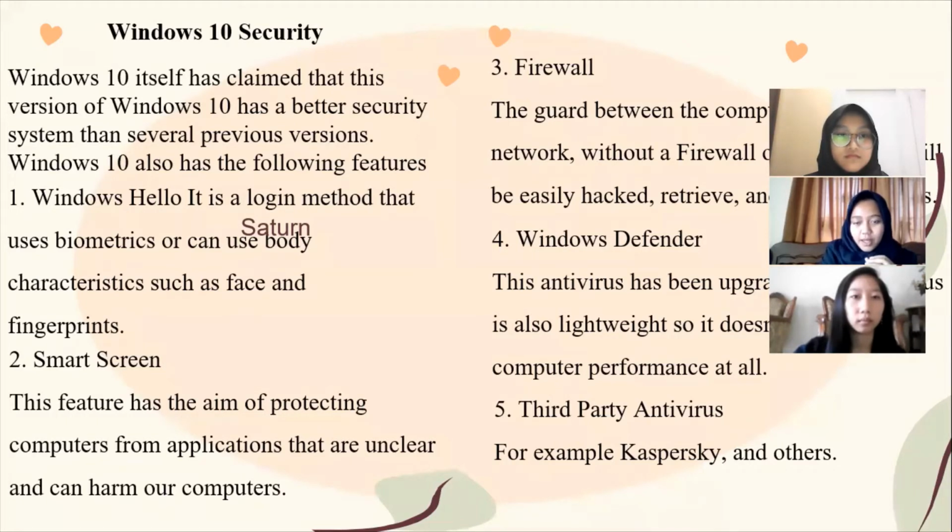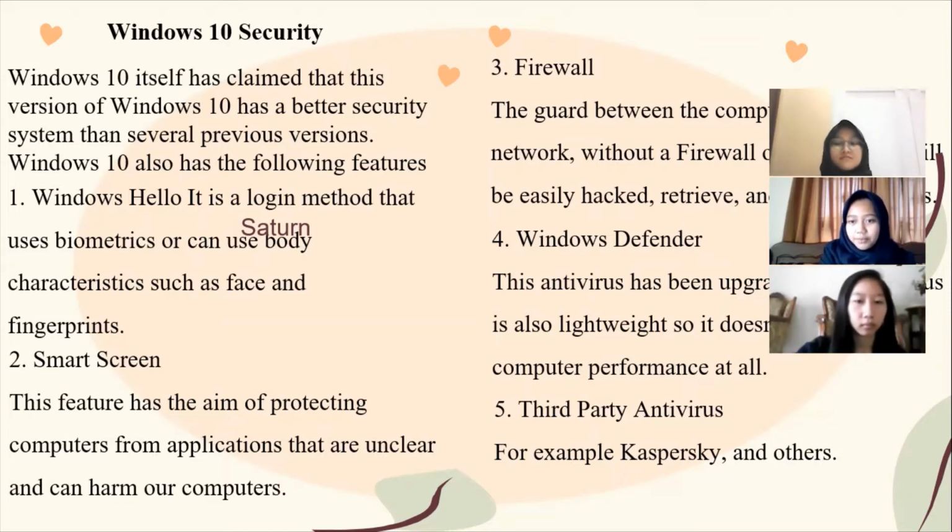Windows 10 security. Windows 10 itself is claimed to have a better security system than several previous versions. Windows 10 also has the following features. 1. Windows Hello. It is a login method that uses biometrics, or body characteristics such as a face and fingerprint. 2. Smart Screen. This feature has the aim of protecting computers from unclear applications that can harm our computer. 3.